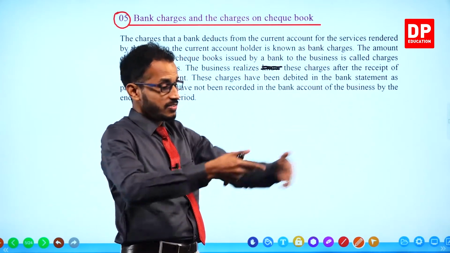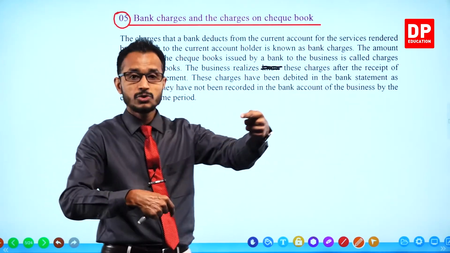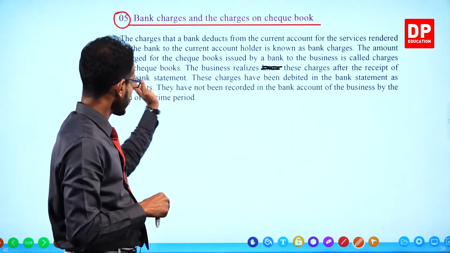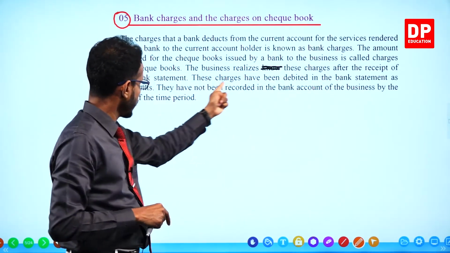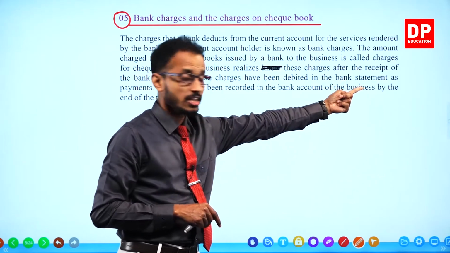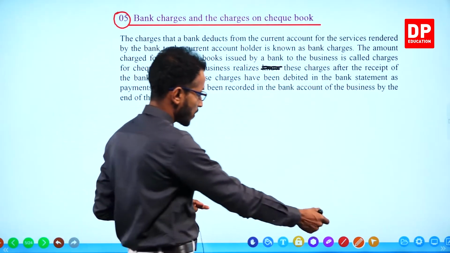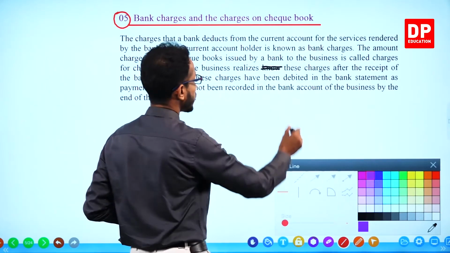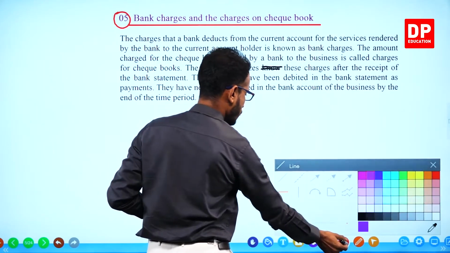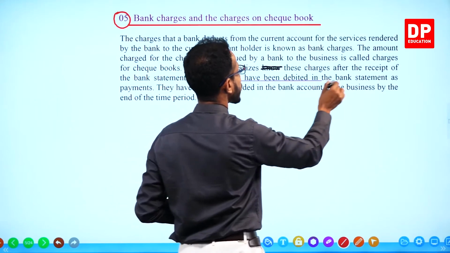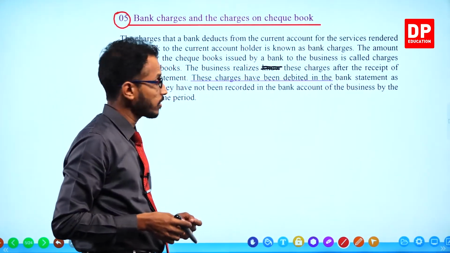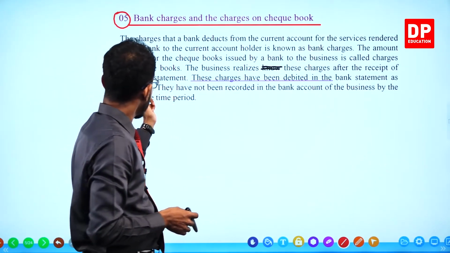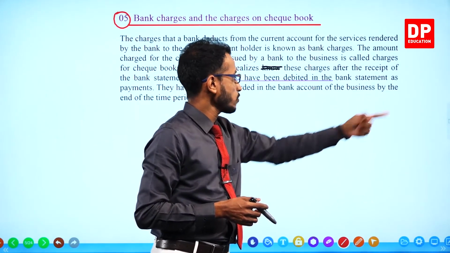So after receiving the statement only, we get to know this much is deducted this month for charges. These charges have been debited in the bank statement as payments. They have not been recorded in the bank account of the business.